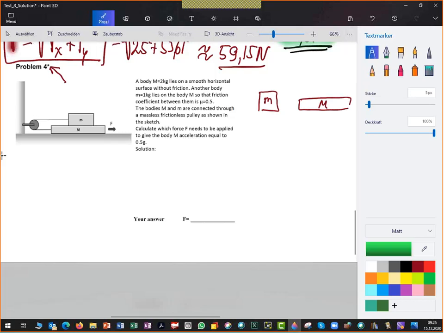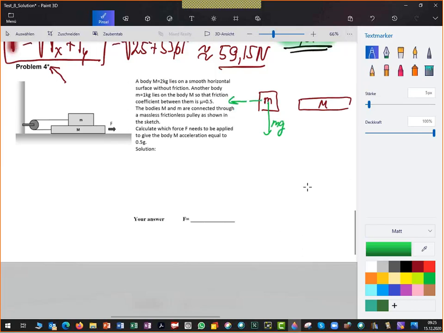So what about m? In other words, what are the forces acting on this upper mass m? Obviously, gravity. Obviously, there is tension from the rope.